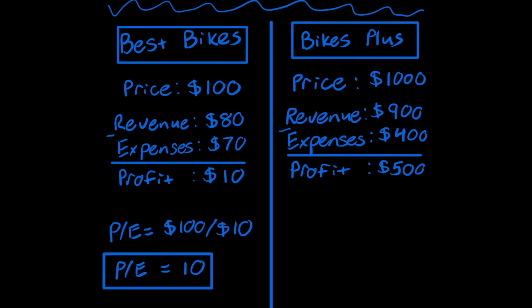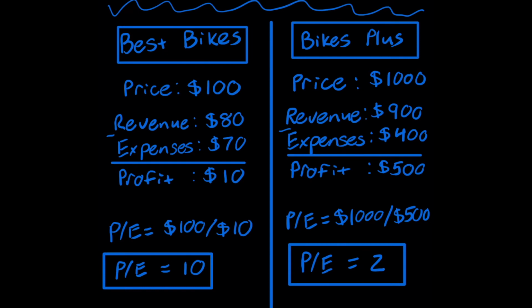So right now their PE ratio is 10, meaning they're selling at 10x their past year's earnings. Now if we look at Bikes Plus, their PE ratio is 1,000 divided by 500, which equals 2, meaning they're only selling at 2x their past year's earnings.